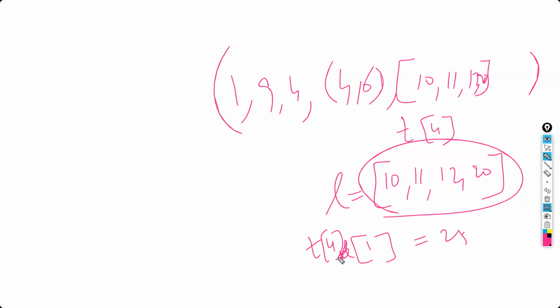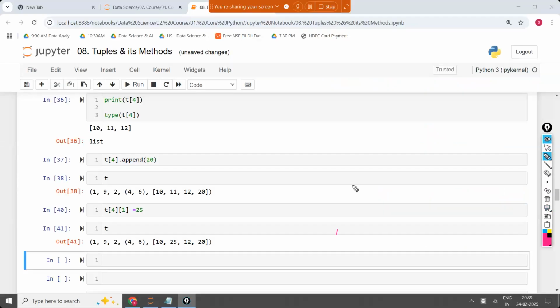Is the point clear? Instead of writing a new variable directly, use T of 4. T is a tuple. T of 4 is what? A list. For the list, I apply the replacement. Clear, everyone? Now, sir, miss, you are saying that insert is possible, remove is possible, all these things are possible.